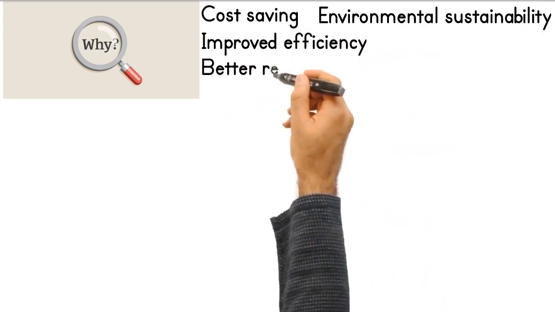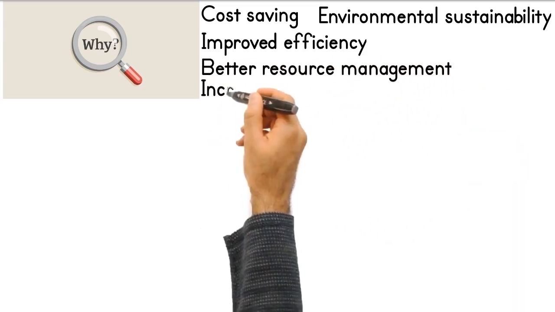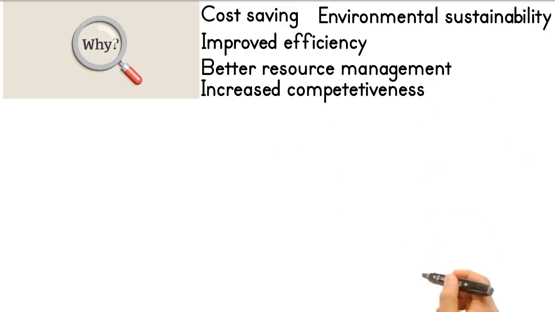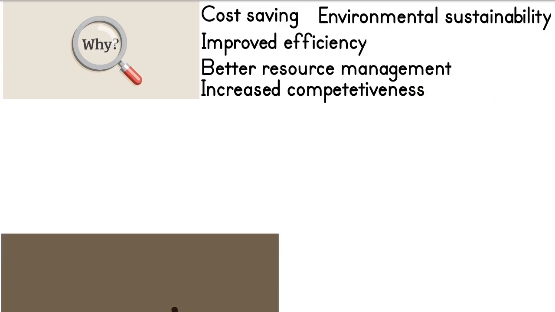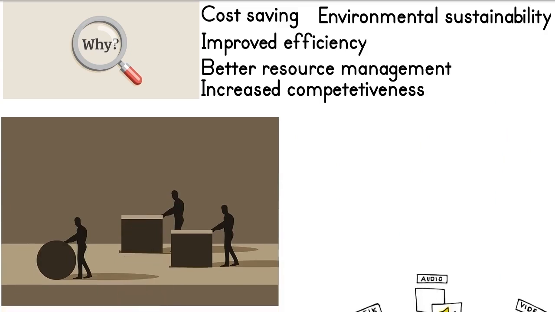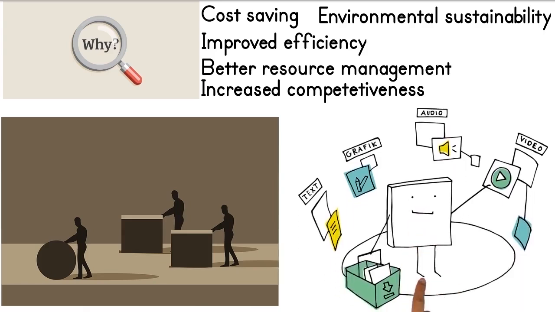Efficient use of materials means more streamlined production processes, which can improve overall productivity and reduce cycle times. By minimizing material loss, organizations can make better use of their resources and ensure that they are used effectively in production processes. Companies that reduce material loss are often more cost-effective and can offer better prices or higher quality products, improving their competitive edge in the market.